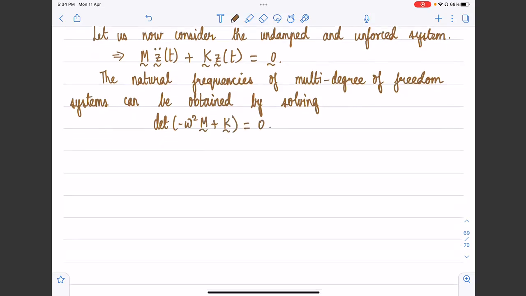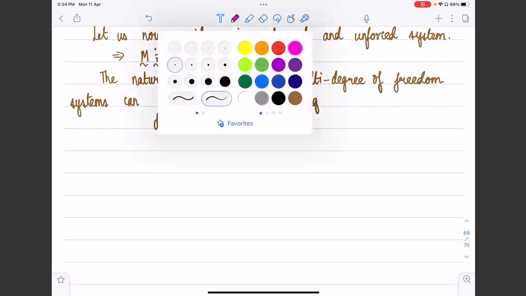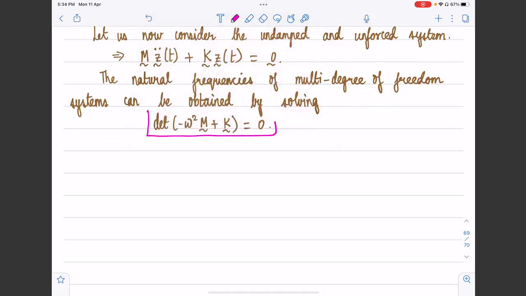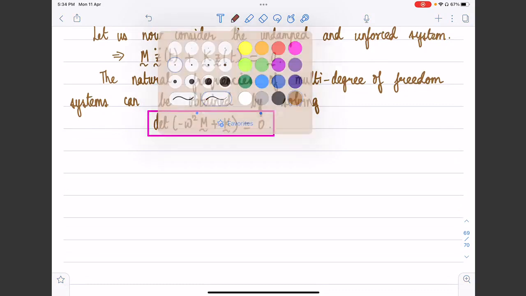So this is an important formula. This holds true for any multi-degree of freedom system, all systems whose degree of freedom is greater than 1.